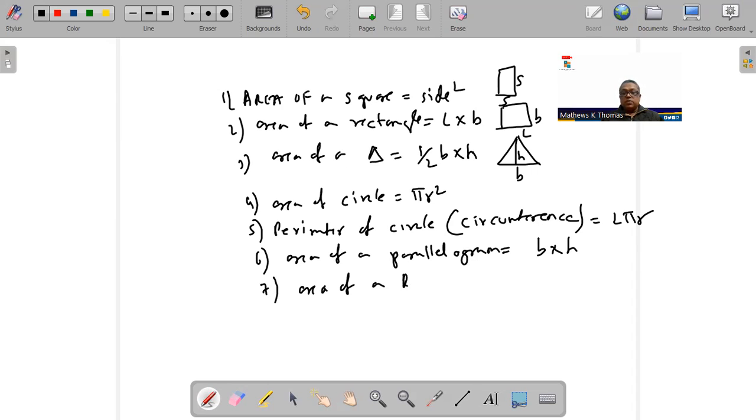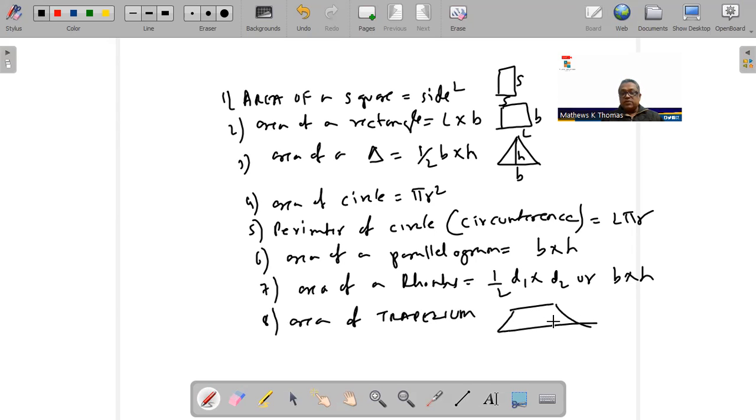Area of a rhombus is half diagonal 1 into diagonal 2 or base into height. So if base and height is given, we can use the same formula as parallelograms. And area of rhombus is half diagonal 1 into diagonal 2. Area of a trapezium. If you are having a trapezium, so there are a lot of questions based on trapezium here.